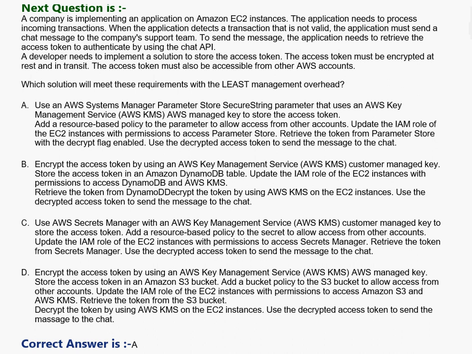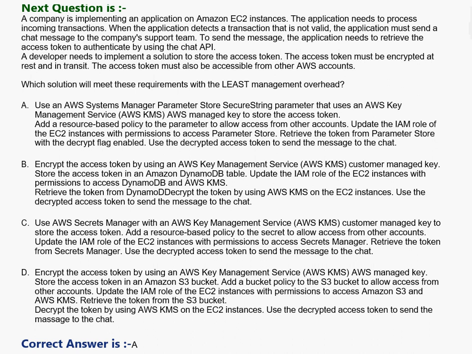The first question is: a company is implementing an application on Amazon EC2 instances. The application needs to process incoming transactions. When the application detects a transaction that is not valid, the application must send a chat message to the company's support team.